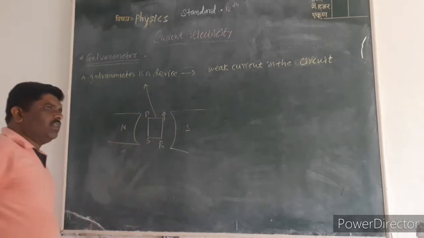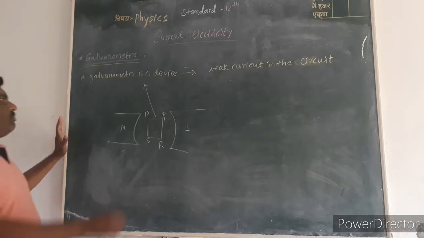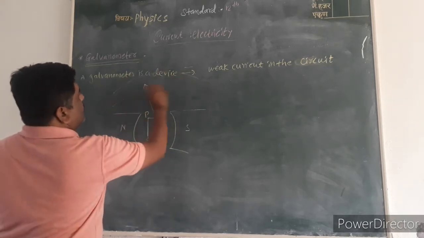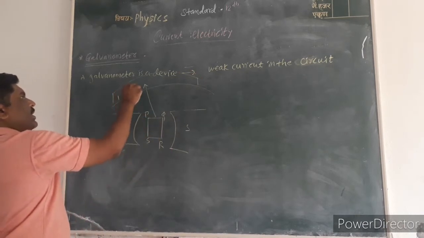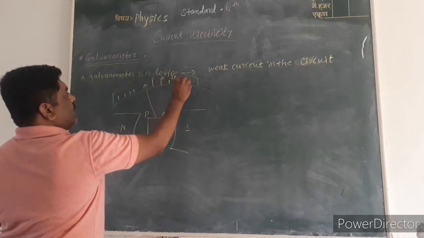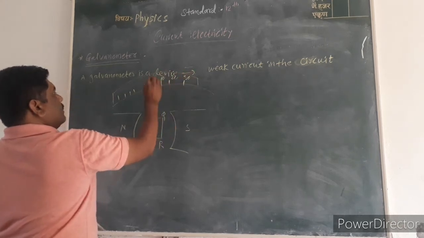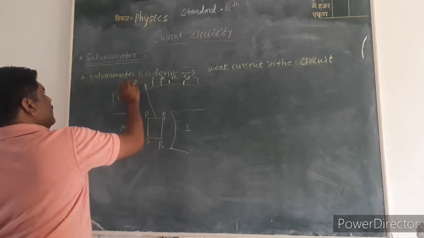This is the internal figure of galvanometer, and there is a pointer, and also there is a glass window, and there is marking 0, 10, 20, 30, 0, 10, 20.